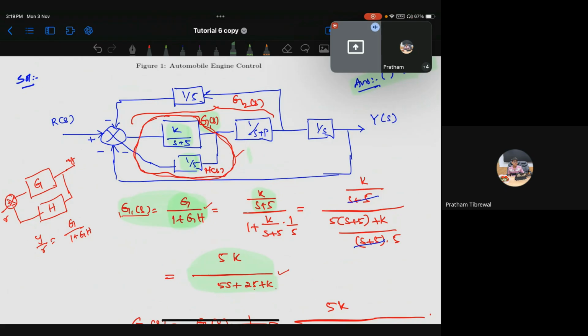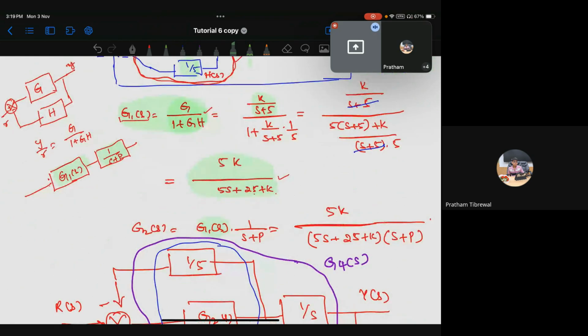Then G1 of s and 1 by s plus p look like this. Now we calculate G2 of s, which is the total transfer function of these two.